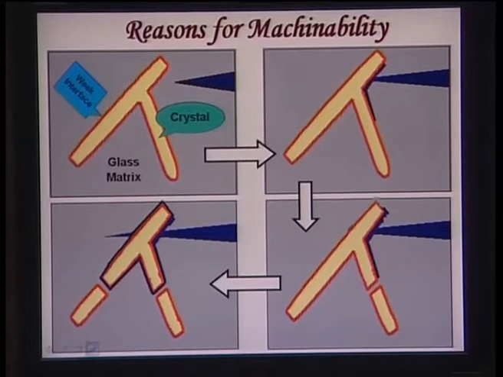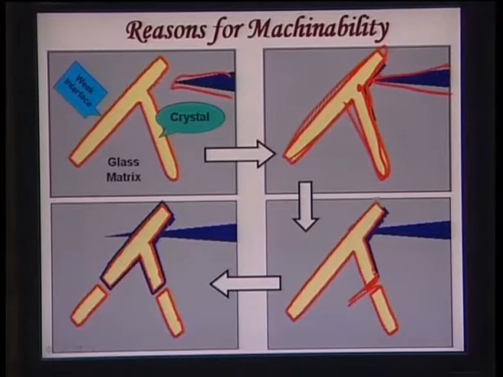Now, the reason for machinability: when you have interlocking crystals like this, the machining cracks will interact with them, and these crystals can break at some preferred cleavage plane, and therefore it gives more resistance to crack propagation in contrast to a simple glass matrix itself.